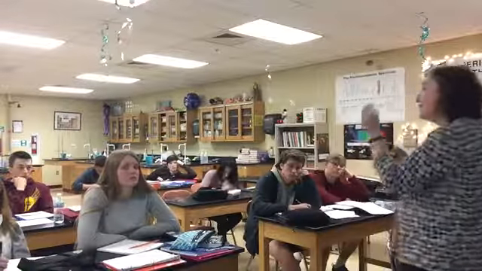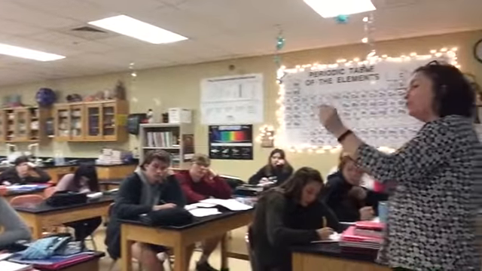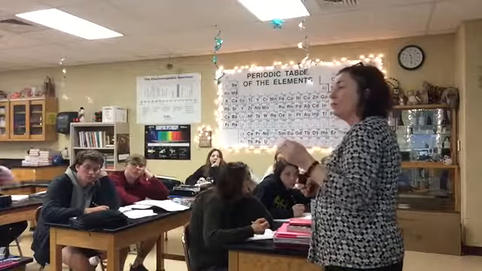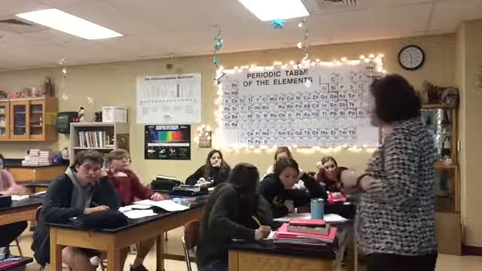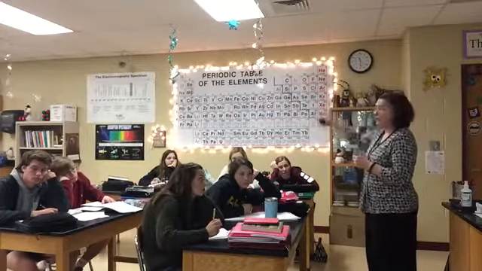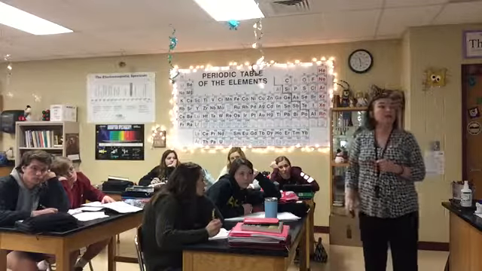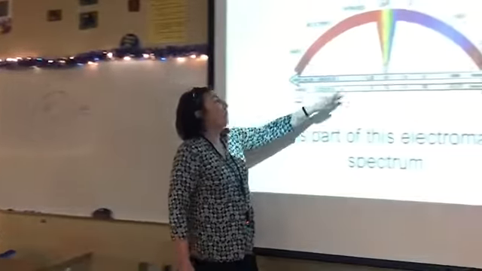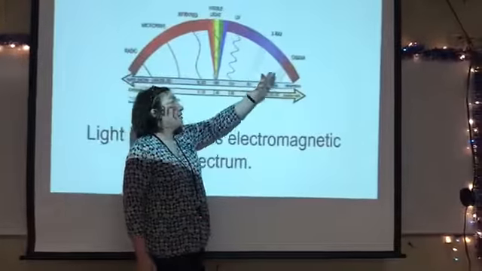We can actually see a small part of the electromagnetic spectrum with our eyes, and that's visible light. But there's a whole plethora of things in it. So you have radio waves, microwaves, infrared, visible light, UV, X-ray, and gamma.